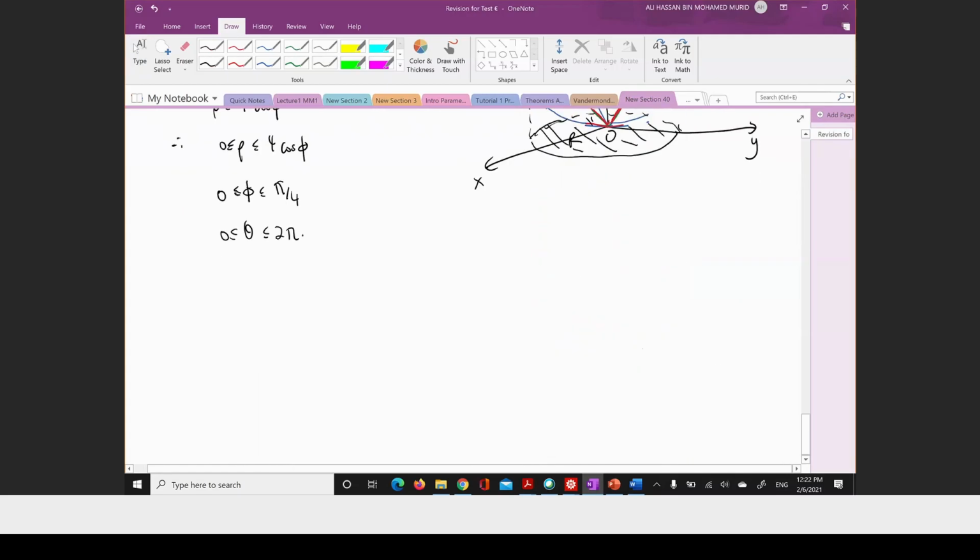So the object, the ice cream cone G, has theta between 0 up to 2 pi, and phi is also bounded by numbers 0 up to pi over 4, and rho is bounded by numbers from 0 up to 4 cosine phi.